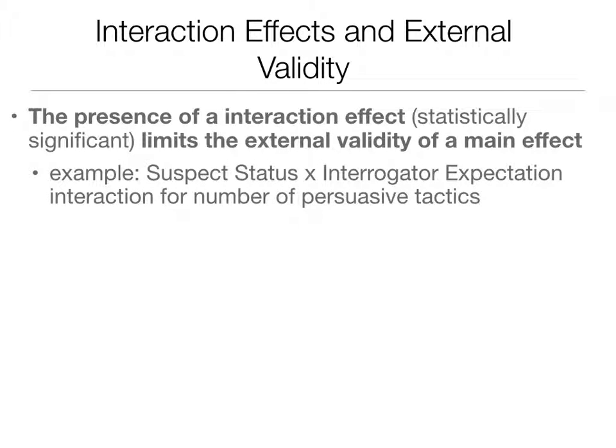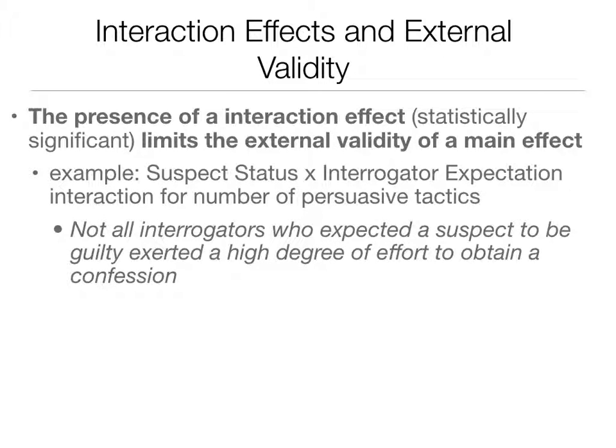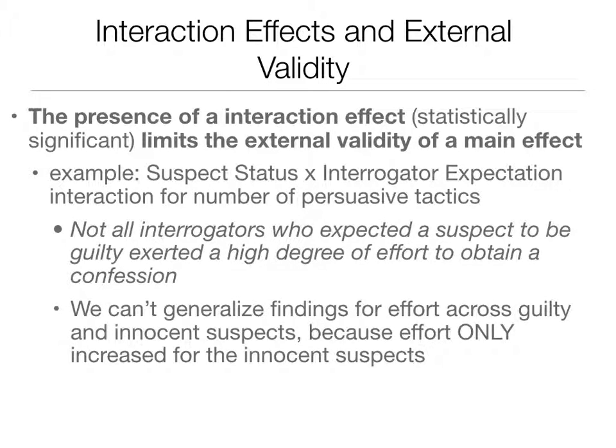So when we found that interaction for the effort to obtain a confession, not all interrogators who expected a suspect to be guilty exerted a high degree of effort. We can't generalize those findings because we only found that high degree of effort in that one condition, when we crossed actual innocence with perceived guilt. That was the only situation in which we found a high level of effort.